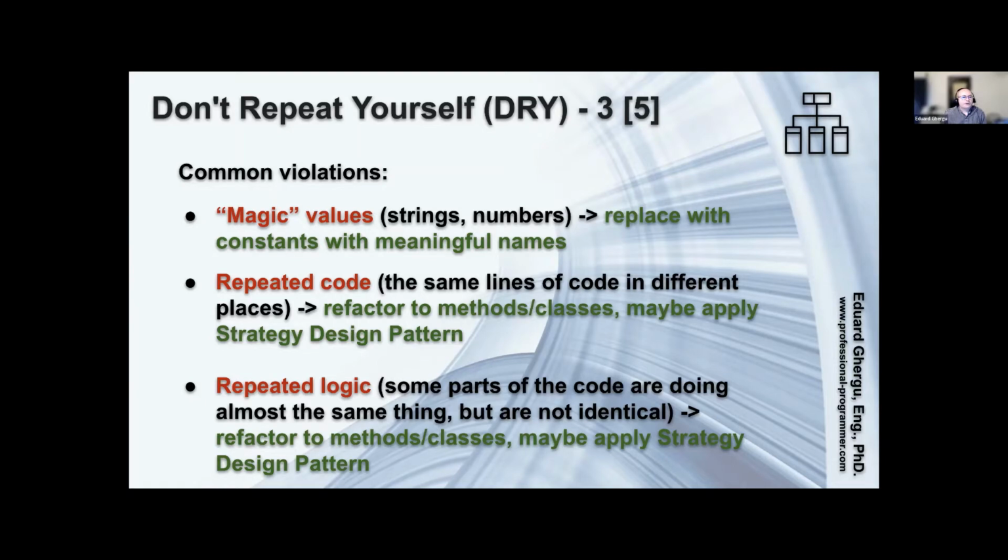Also, repeated code, we can, as I said, refactor to methods or classes, and so maybe we can apply the strategy design pattern that is not presented here, but just to understand what it's about. It's like in real life to have some options.